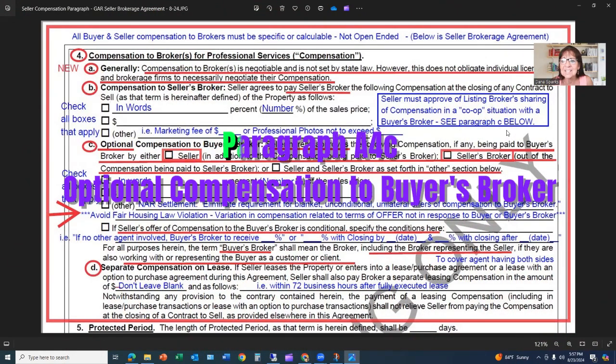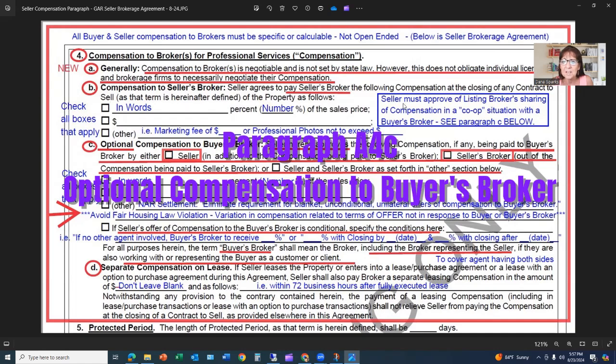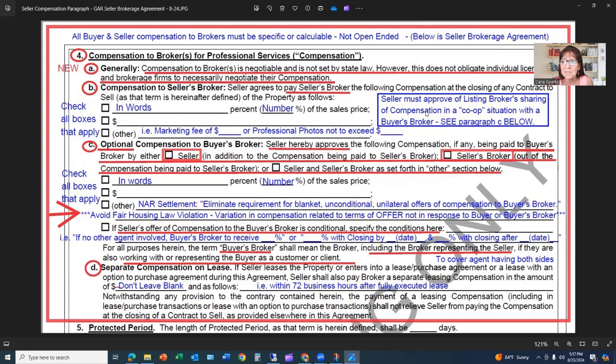And I have a little side note for you here. Seller must approve of the listing broker's sharing of a compensation in a co-op situation with a buyer's broker. See paragraph C below.